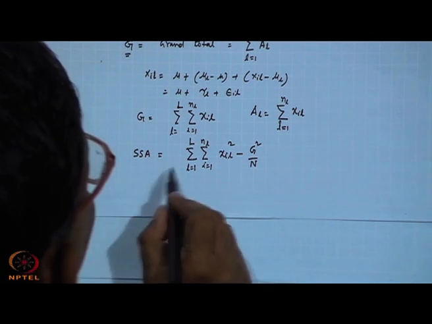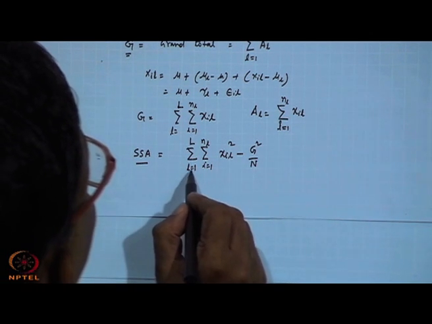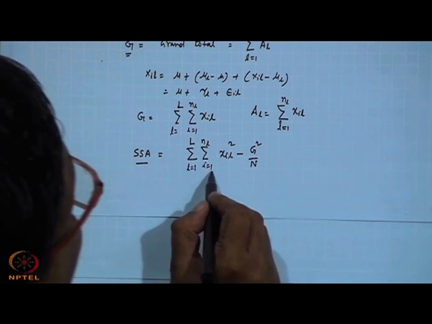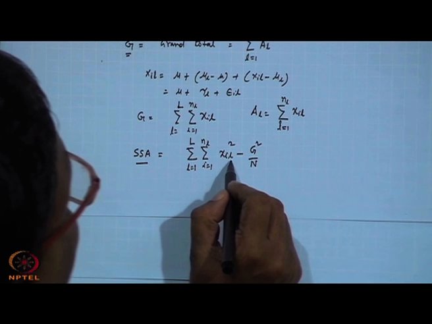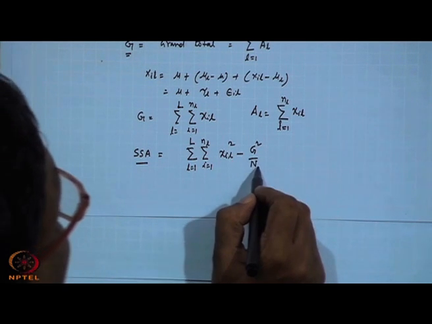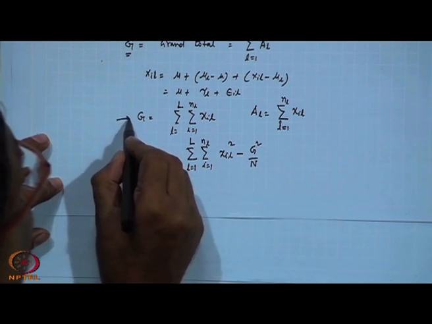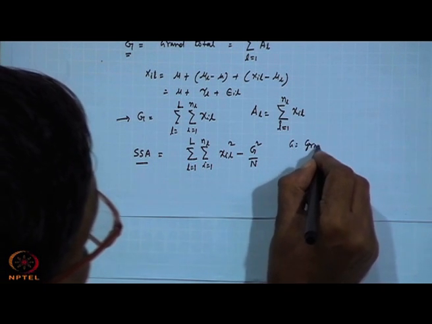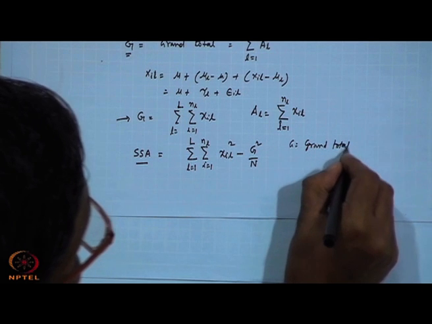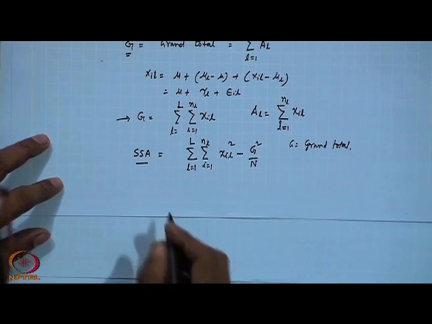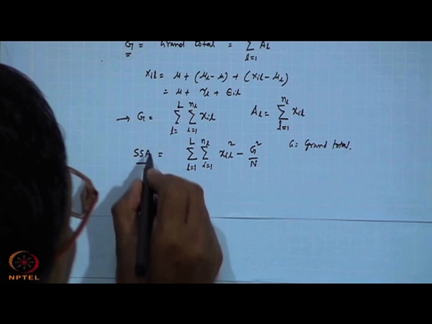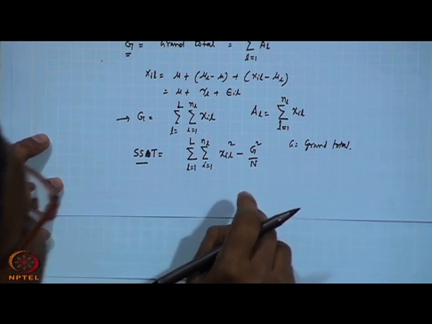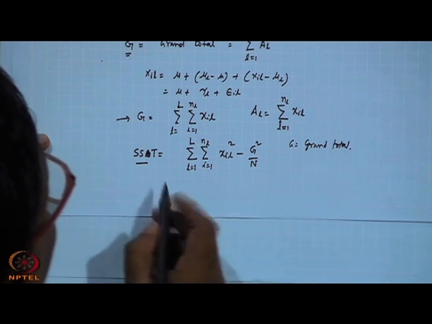Please write down: SST equal to the sum over L equal to 1 to capital L, I equal to 1 to NL, of XIL square minus G square by N, where G is the grand total. This one is SST, sum square total.